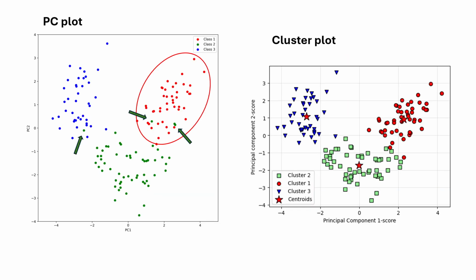The comparison between the principal component plot and the k-means clustering is shown. In the PC plot, the known class information is used only to color the samples for visualization and was not used during the principal component analysis itself. Likewise, the class labels were not provided to the k-means algorithm during clustering.